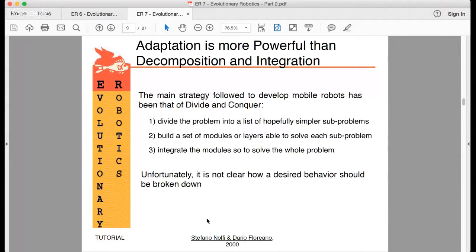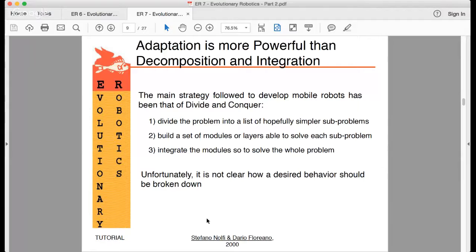For these reasons, Brooks proposed a radically different approach in which the division is accomplished at the level of behavior. The desired behavior is broken down into a set of simpler behaviors which are activated or suppressed through a coordination mechanism. This approach has proven to be more successful.